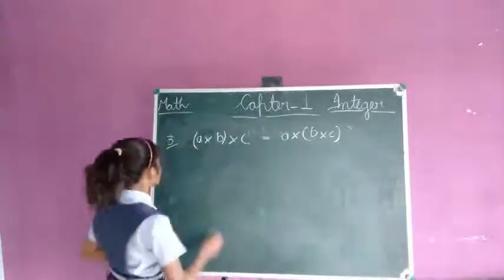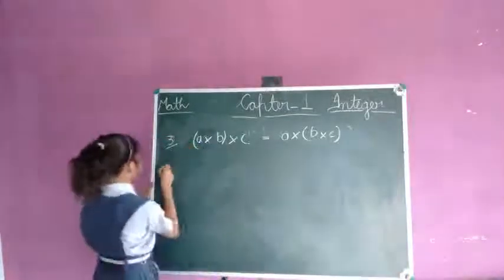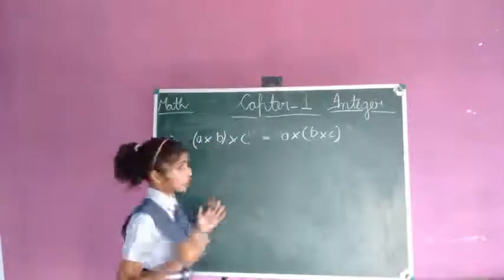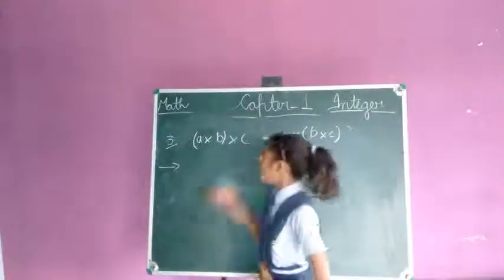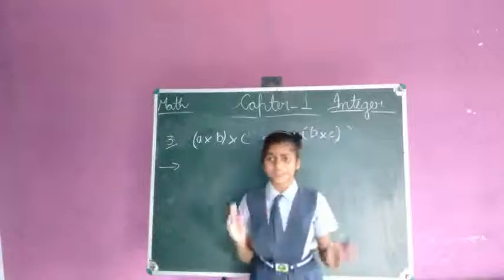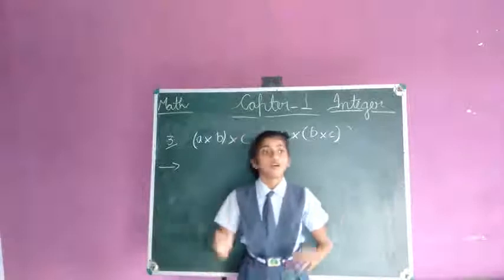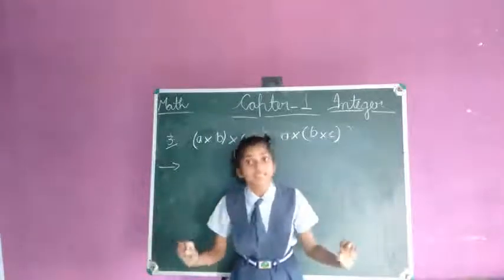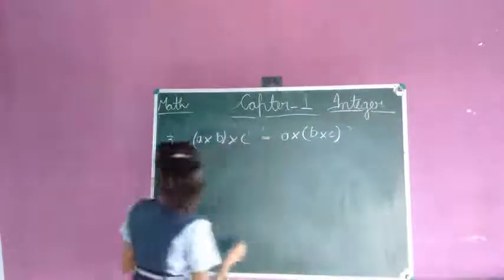Okay? So let's see it with an example. Because according to me, if we don't understand any property with an example, we can't understand it properly. Example is the best way to understand any problem in mathematics. Okay, friends?